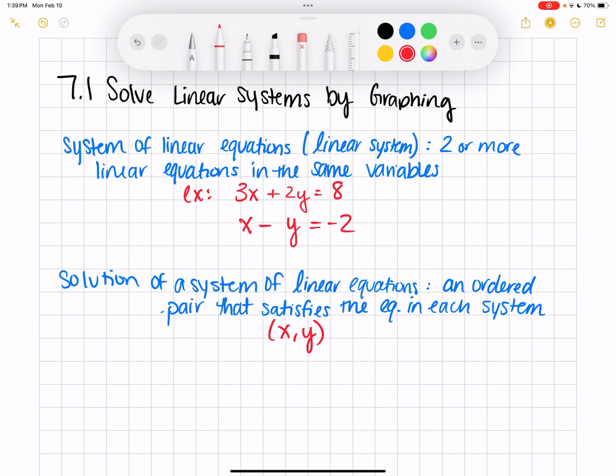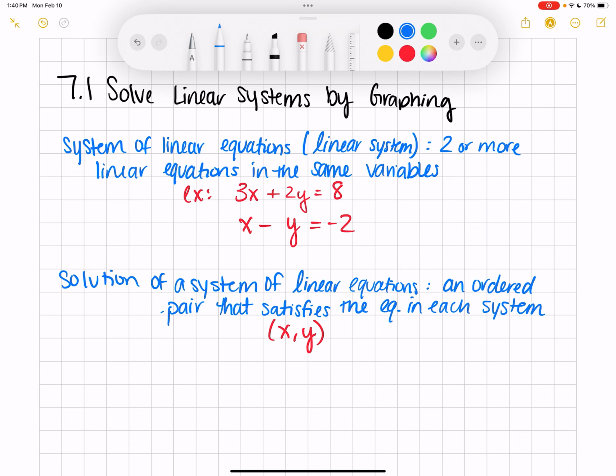If your lines don't intersect somewhere, you've done something wrong, okay? Now, when we get to Algebra 2, or potentially later on in this chapter, that won't always be the case, but for what we're doing right now, they have to intersect in one spot.